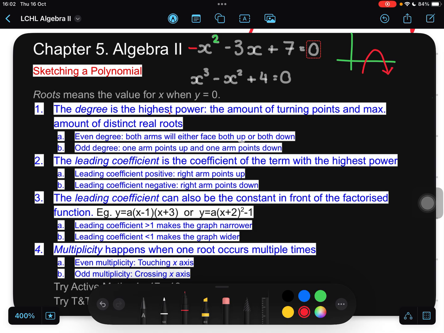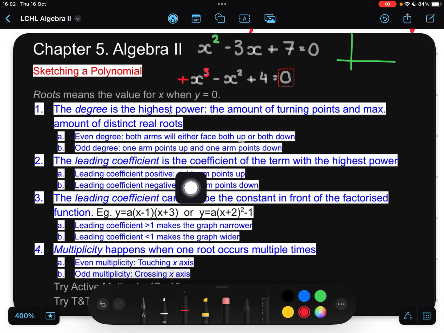If it's an odd degree, it's the exact same rule. It's purely to do with the leading coefficient. So in this one, the x cubed has a positive leading coefficient. The leading coefficient is the number in front of the term with the highest power.